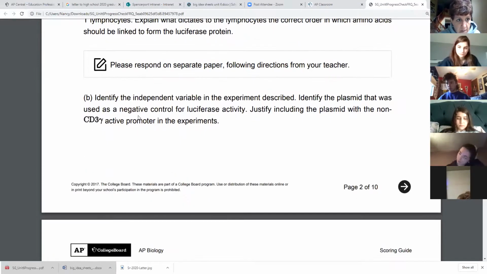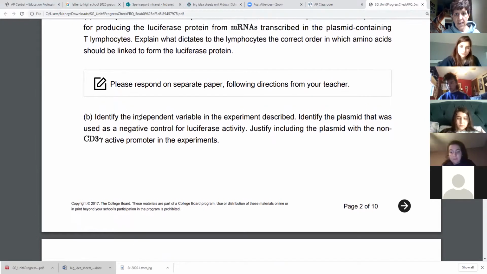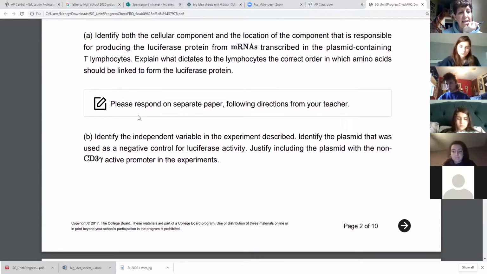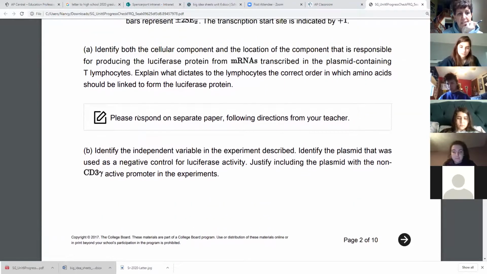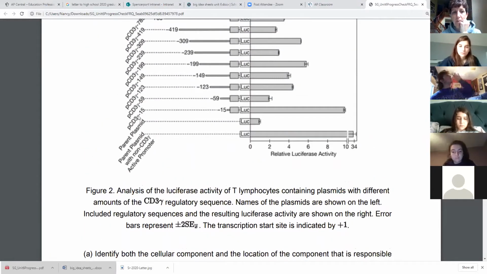And then the next part of it says, justify including the plasmid with the non-active promoter in the experiments. Why would you include this one, the bottom one?